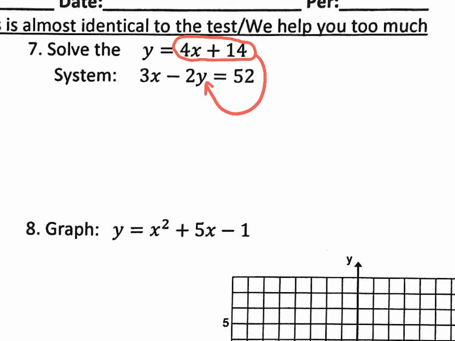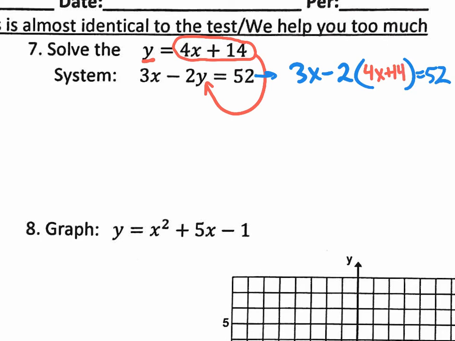This is called substitution. So what do I get? I'm going to have 3x minus 2, but instead of y, I'm going to put the parentheses, equals 52. Why am I putting the parentheses instead of y? Because y is 4x plus 14, and that's what I'm going to plug in, 4x plus 14 instead of y.